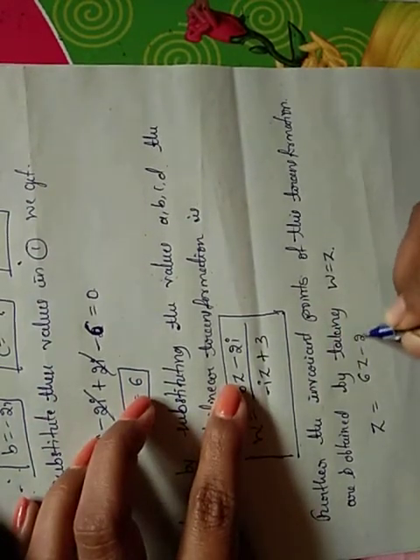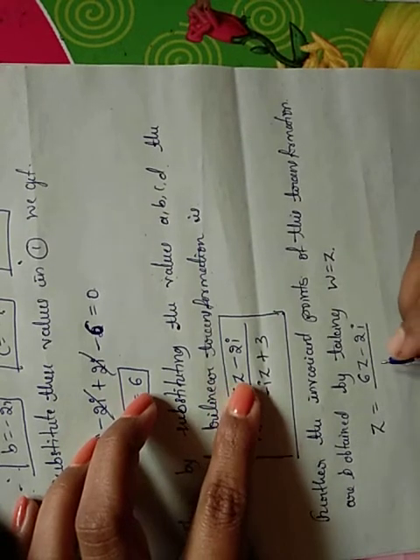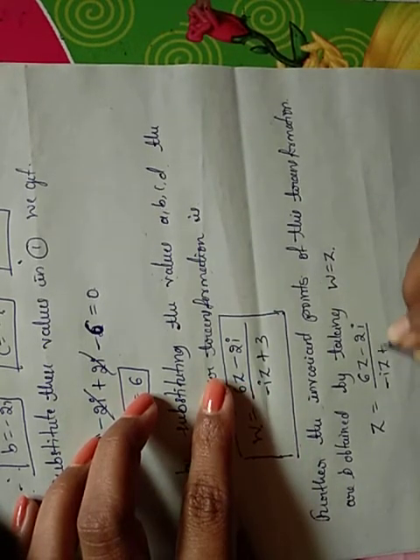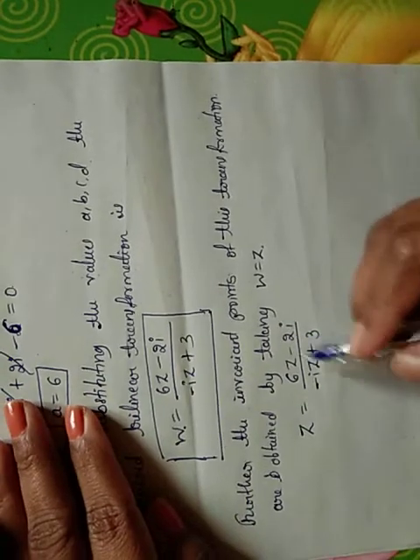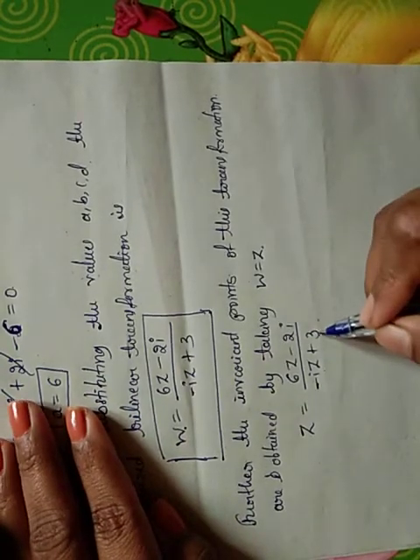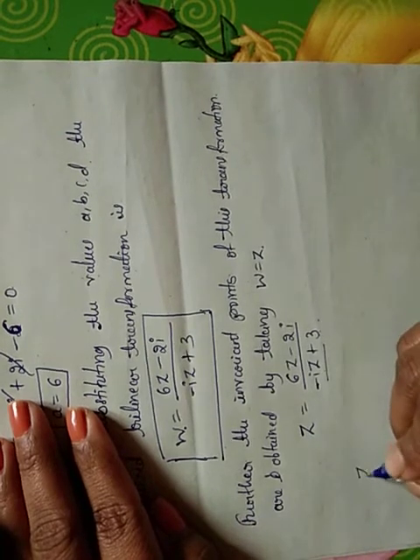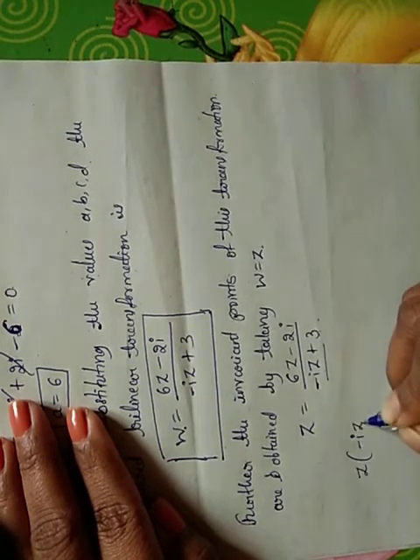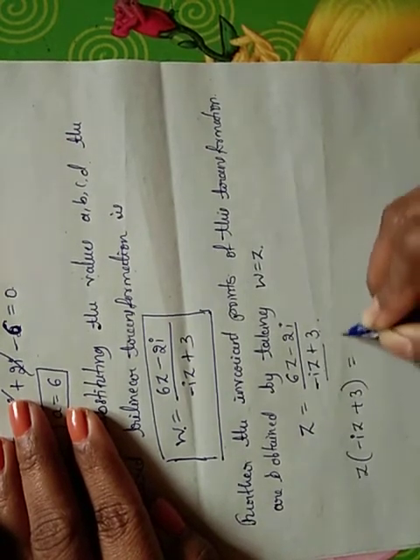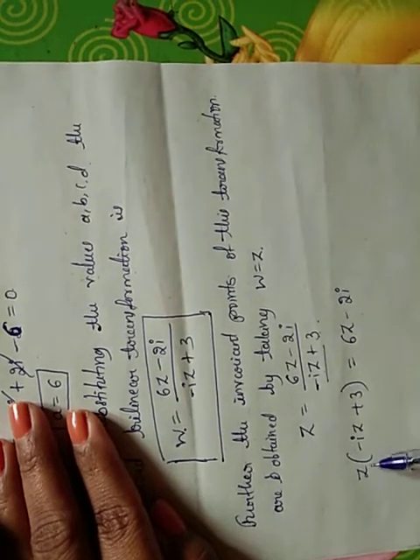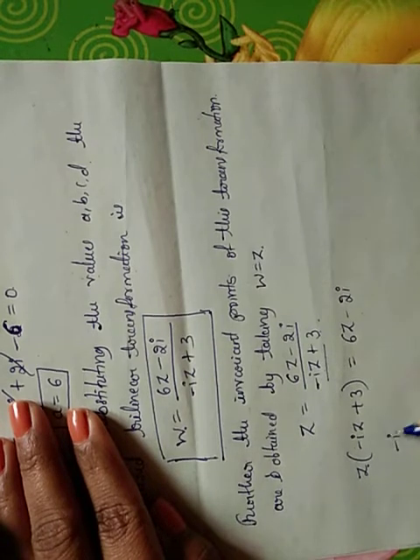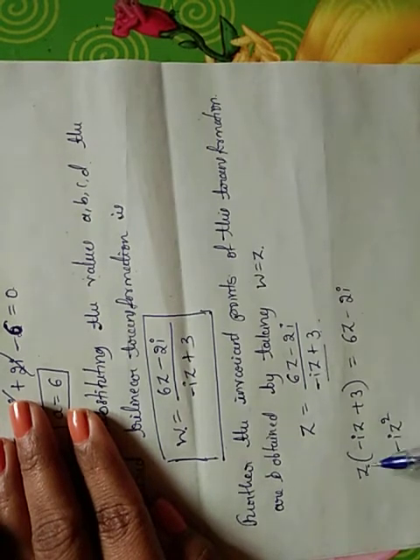6Z minus 2i divided by minus iZ plus 3. Take this term onto the LHS side. Z into minus iZ plus 3 equal to 6Z minus 2i. Z into Z minus iZ square.